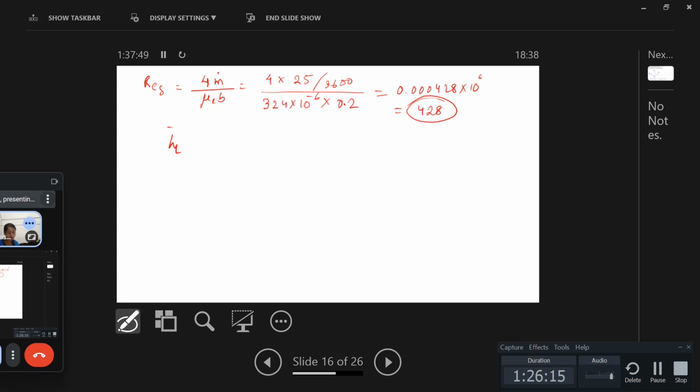HL prime is equal to RE delta divided by 1.08 RE delta 1.22 minus 5.2 into KL divided by e to the power 1 by 3, right?